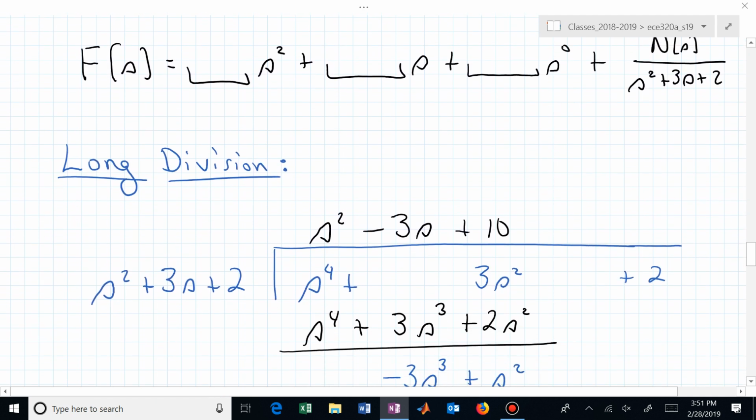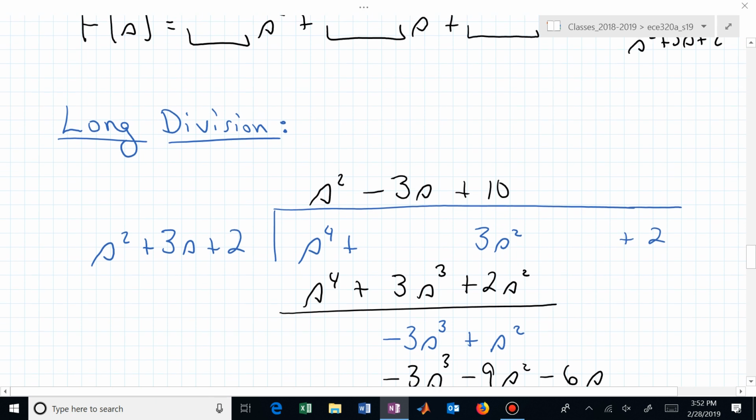Now, you won't write down that entire polynomial above the bar. You'll do it in steps. The first step is you go, how many times does s squared go into s to the 4th? S squared. So then you multiply this by s squared. That's now what you take away from the original polynomial that was in the numerator, subtracting s to the 4th plus 3s cubed plus 2s squared from that original polynomial.